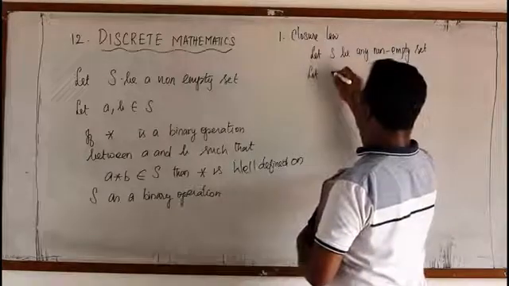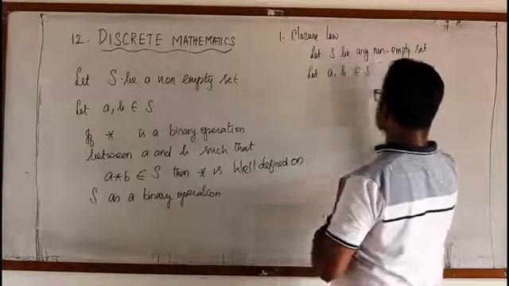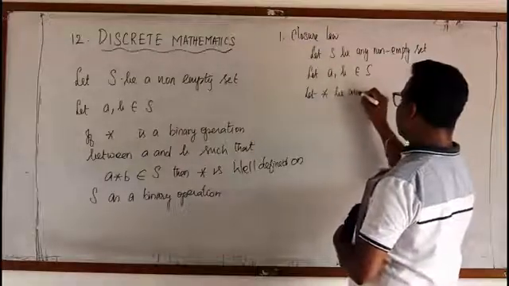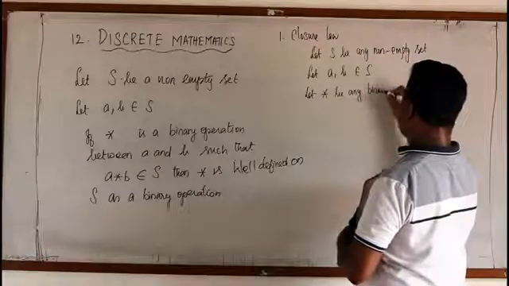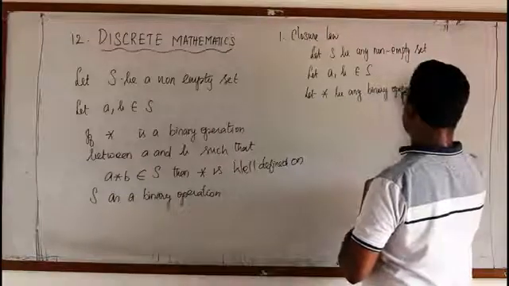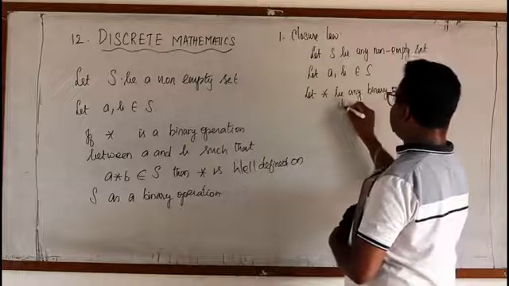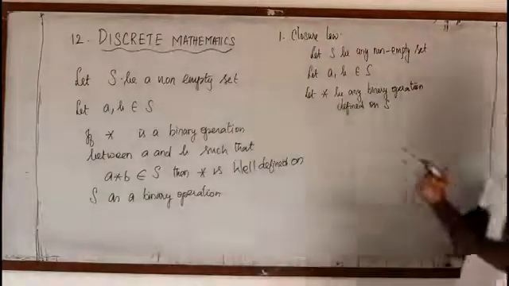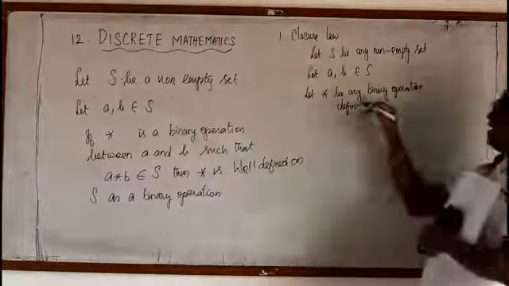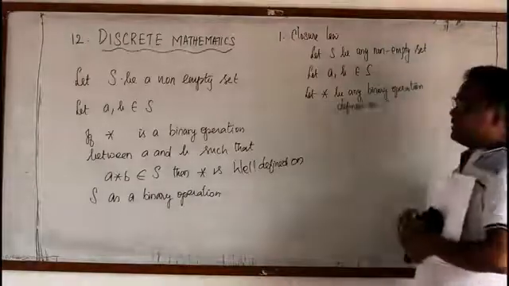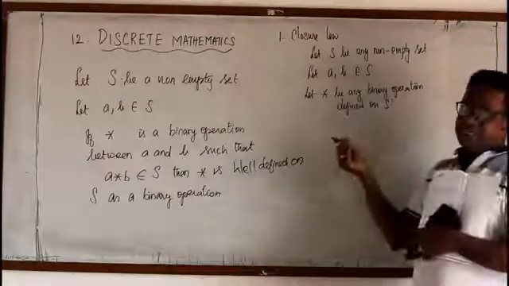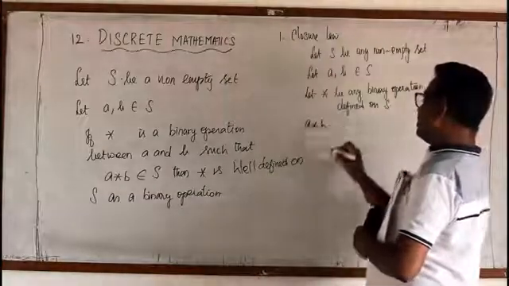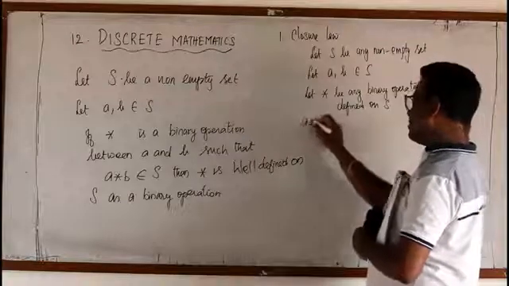Let A, B belong to S. Let star be any binary operation defined on S. That means we can operate the elements A and B. If I take two elements and operate, it is known as a binary operation, and that operation is well defined in S. Then A star B, the result may be some other element.